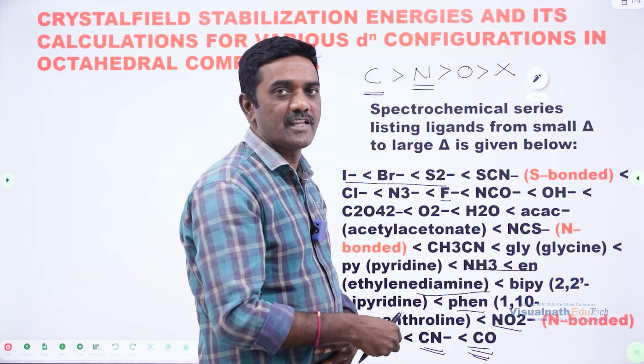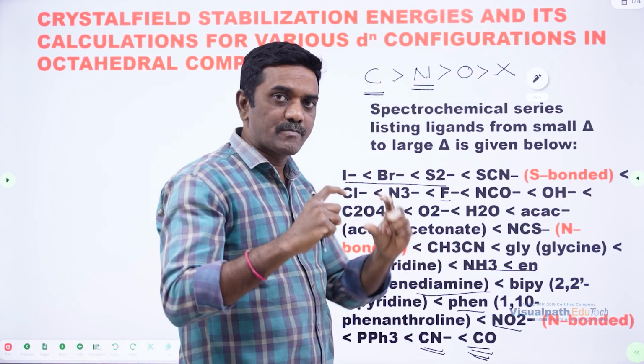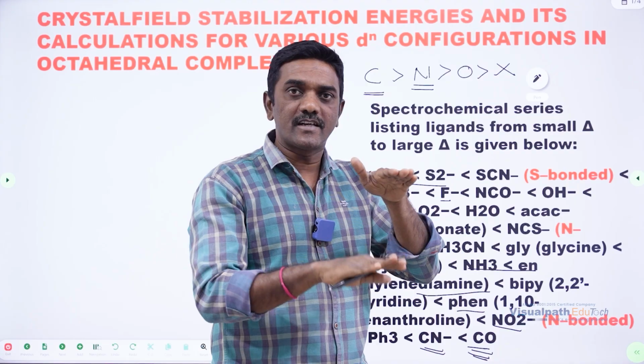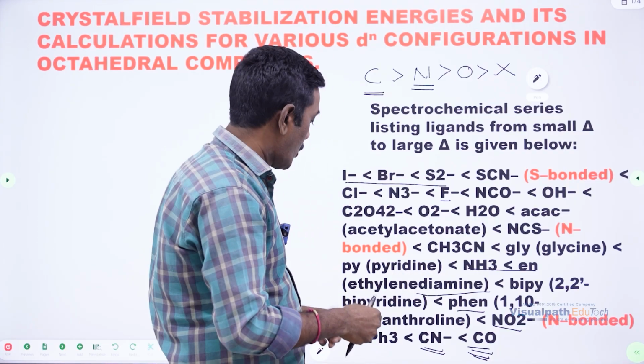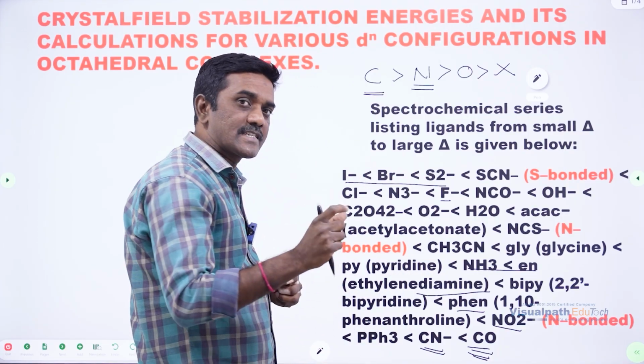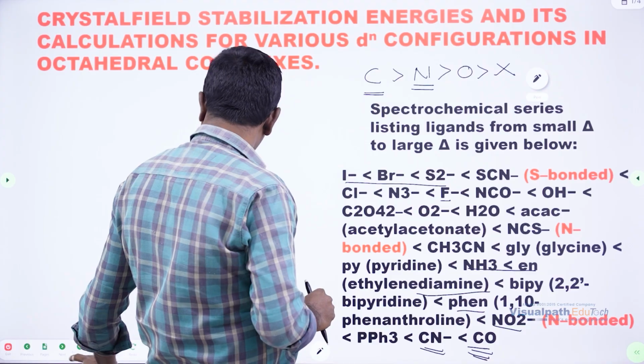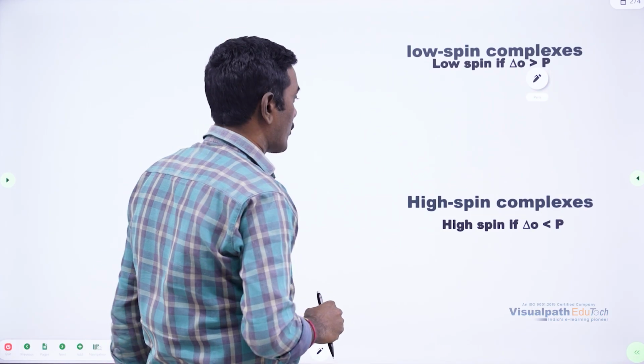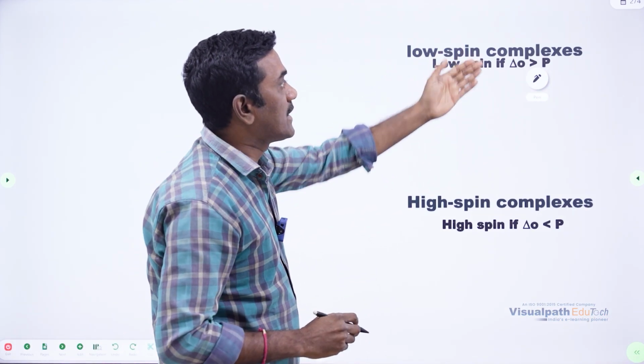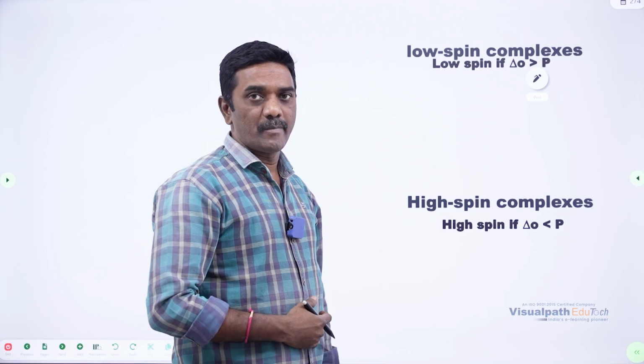We have already seen splitting of orbitals in the previous topic. Now, based on these ligands, we will discuss field splitting, and one case we will call low spin complexes.